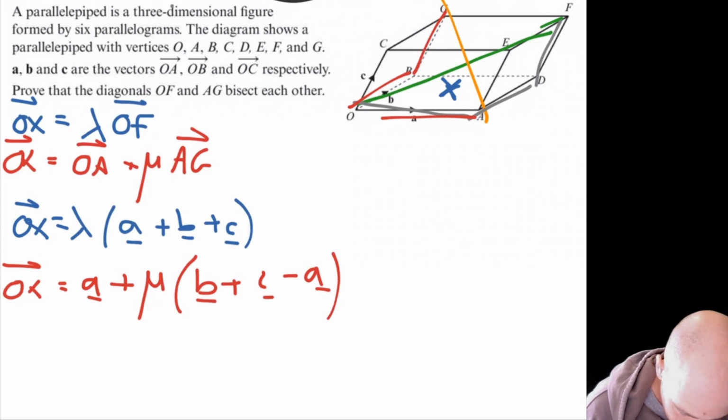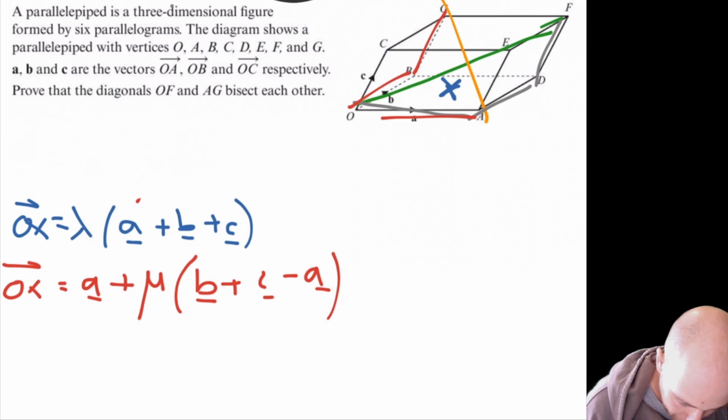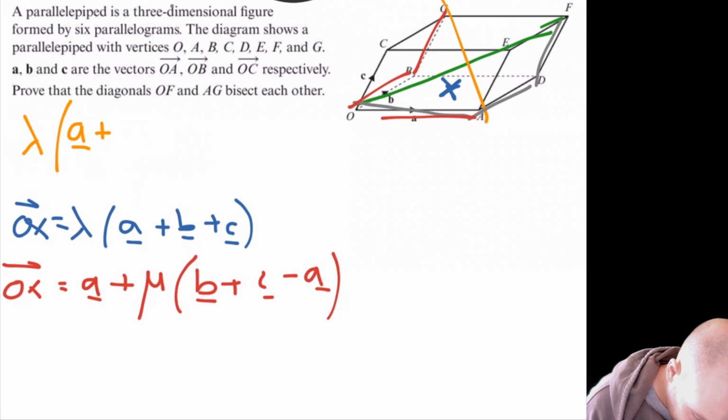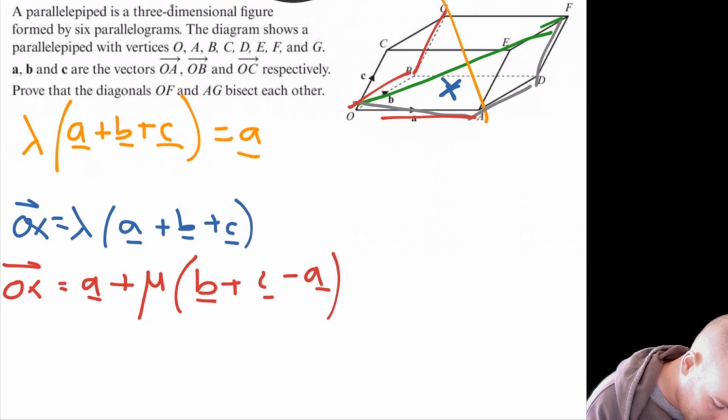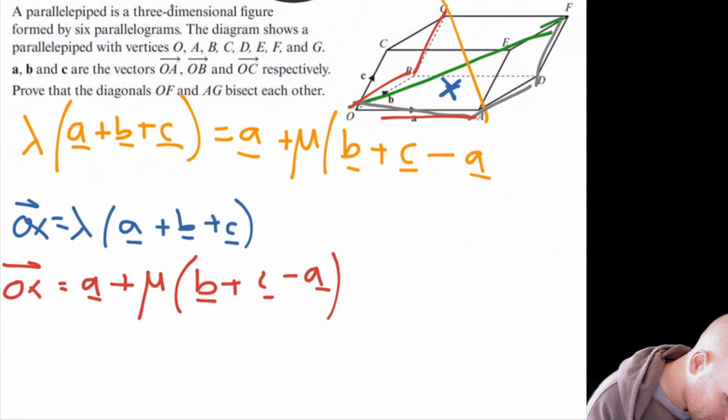So I can set those equal to each other. So lambda times A plus B plus C equals A plus mu times B plus C minus A.